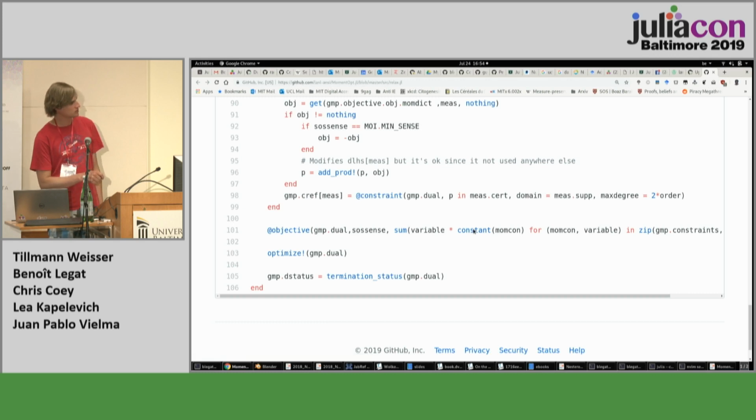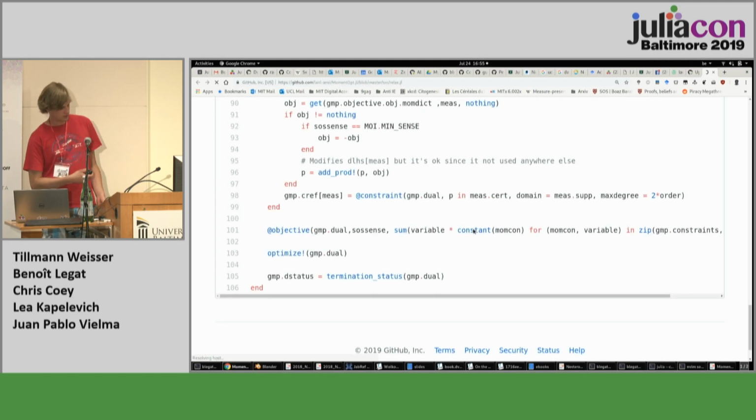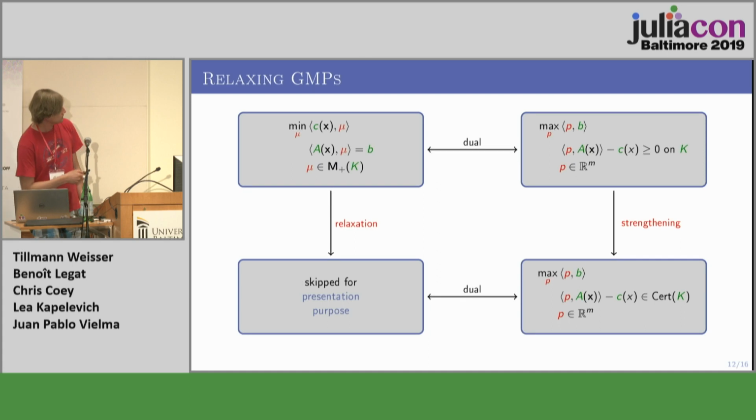And then I will just optimize my dual and get the solution of the dual. And as there is no duality gap here, the solution of this will be the solution of this.